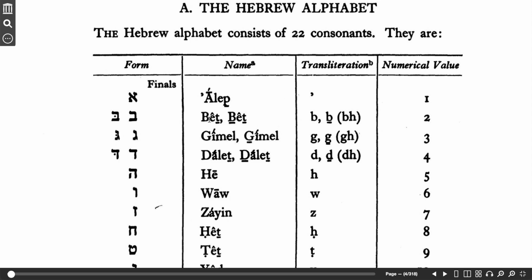So the next letter is Bet. You'll notice here that it has the same shape. In the next video I'm going to walk through how to draw them, so I can talk more about how they look then. But just notice they're both similar, but it can appear without a dot in the middle, and then it can appear with a dot.